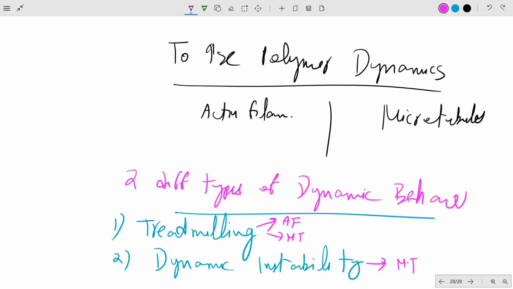Treadmilling. लेकिन जो microtubules, they'll show both treadmilling as well as dynamic instability. Have you understood this till now? What is the use of energy now? Not for the polymerization, not for the assembly, but to increase the dynamics.